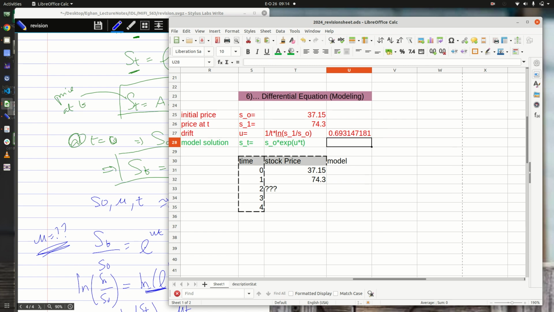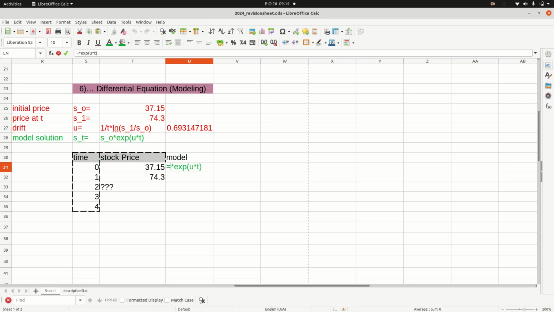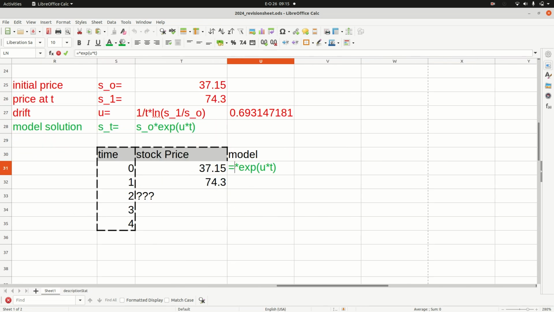I've computed it. So when I come here, I'll still copy this model, paste. But I want to evaluate it, so I need that equal sign in Excel. What is s naught? S naught is this cell here. Exponential mu is this cell here. And then t, I'm looking for the price at t0.